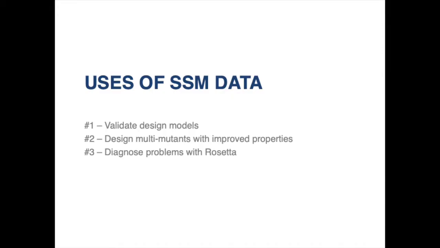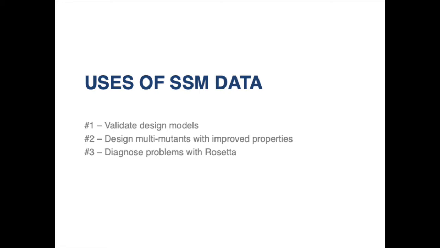In particular, I want to highlight how the Baker Lab uses site saturation mutagenesis data as part of this pipeline. And I'll talk about 3 ways that we use it. First off, to validate whether or not the design model, which came out of the computer, is correct, remotely. Second, which I think is more similar to what pretty much everyone does with this data, is to design multi-mutations of a particular protein that have better activity or properties.